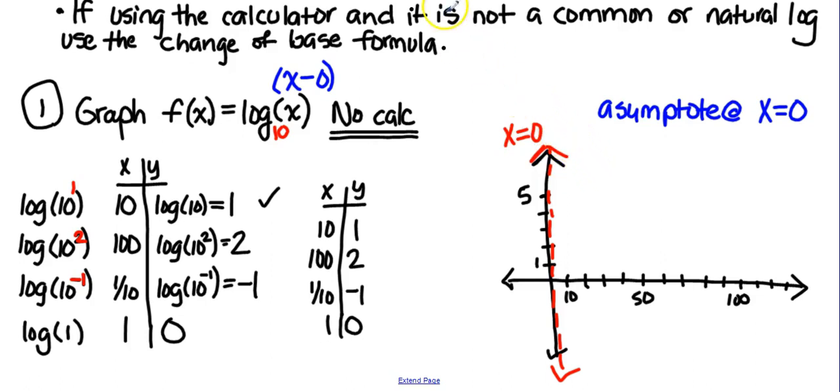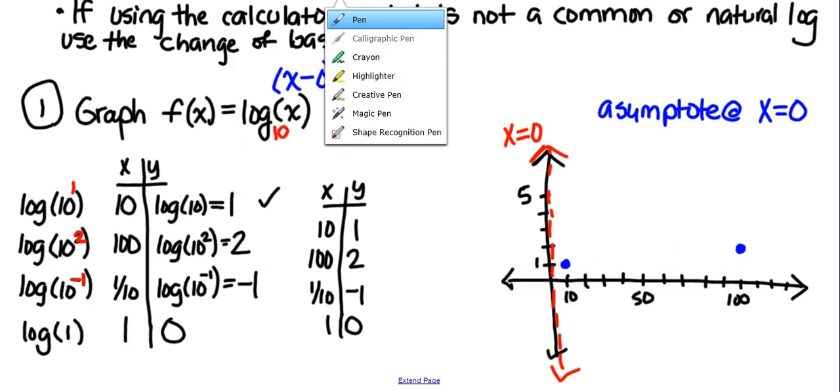And now let's carefully work on plotting our ordered pairs. We've got 10, 1; 100, 2; 1/10. Ooh, I need negative 1.